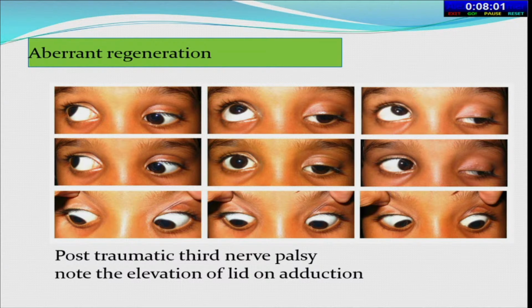The other common form could be pupillary constriction on adduction. The other manifestation could be innervation to the LPS on down gaze. So whenever the patient looks down, the lid gets elevated, also known as the pseudo von Graefe sign. Right? So you should also look for all this while you are examining patients of third nerve palsy.